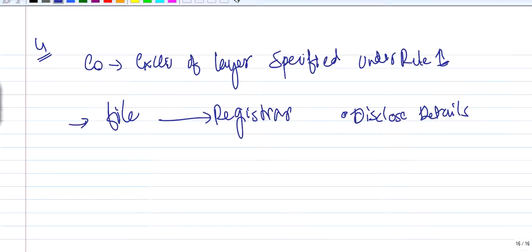Time is given within a period of 150 days from the date of publication of these rules.